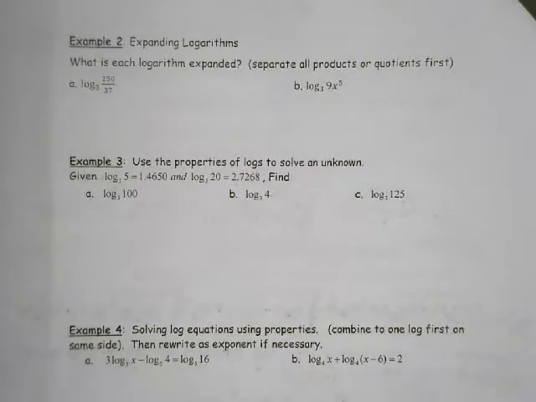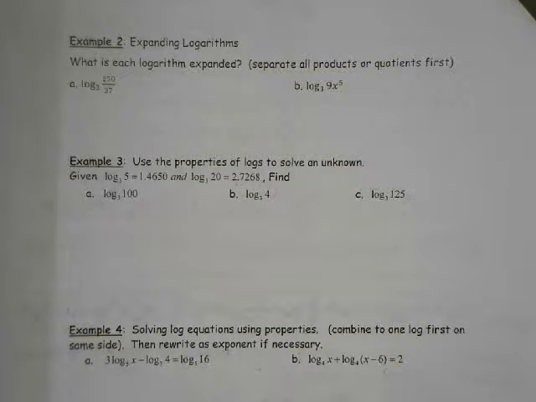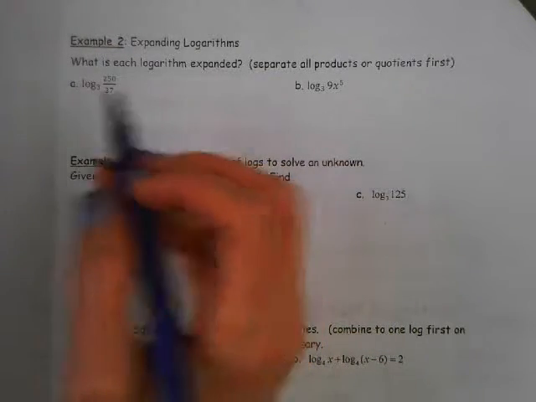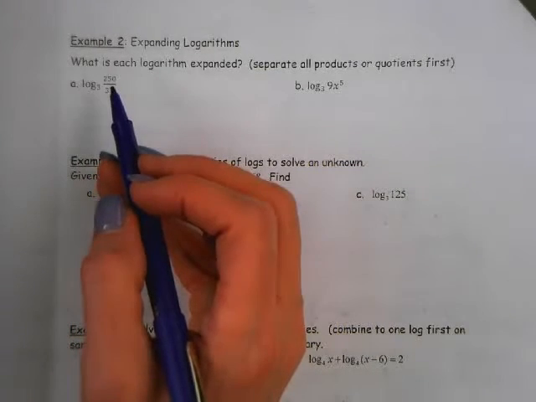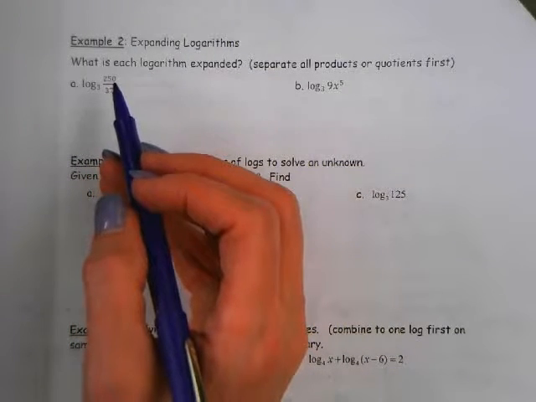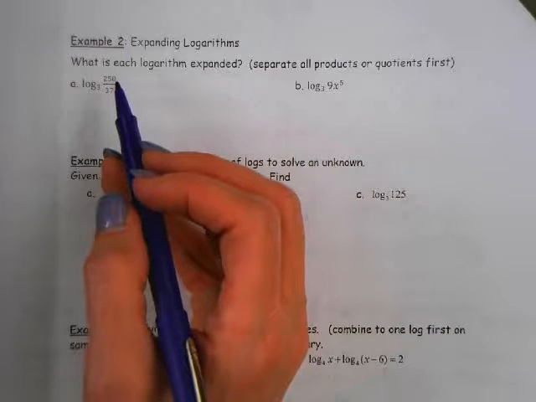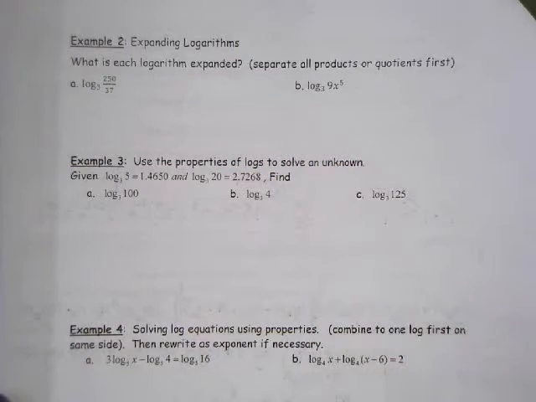Okay, so just like we had expanded, or simplified, we can now expand, right? We can go one way or the other way. So we have here, where it says log base 3 of 250 divided by 37. What property would we be able to apply to that one? I have two numbers being divided.